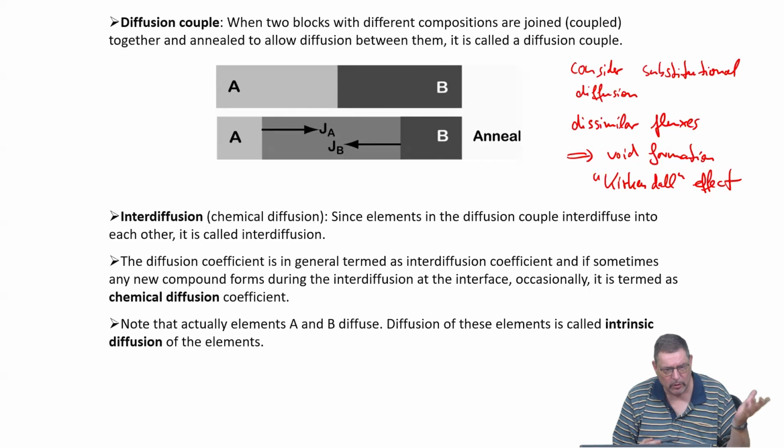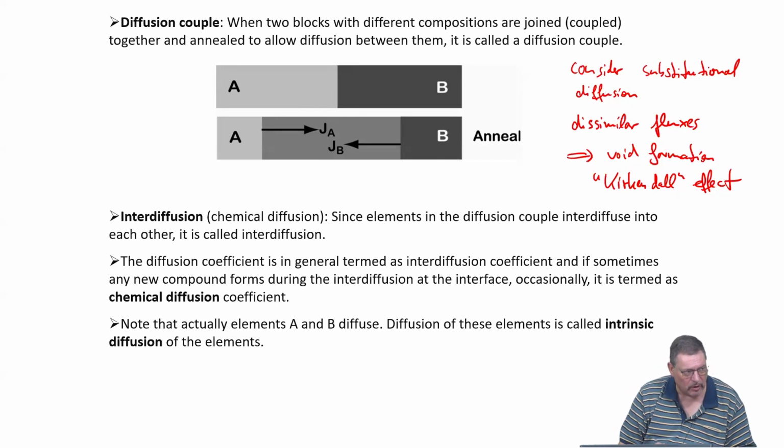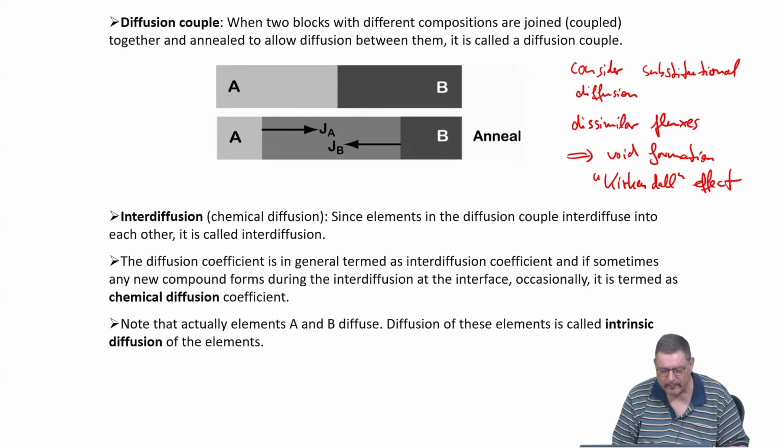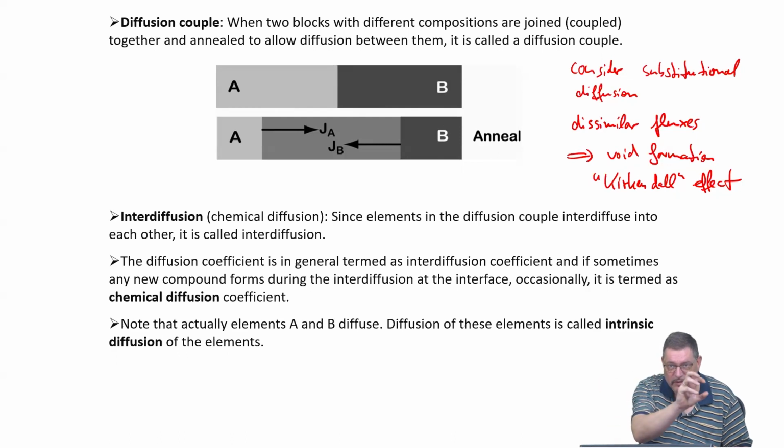Only if a new compound is formed, so if you have a reactive diffusion with a new compound at the interface, then one would call it the chemical diffusion coefficient. In fact, atoms A and B are diffusing across the interface, and that means we have to distinguish between the individual constituent diffusive fluxes.